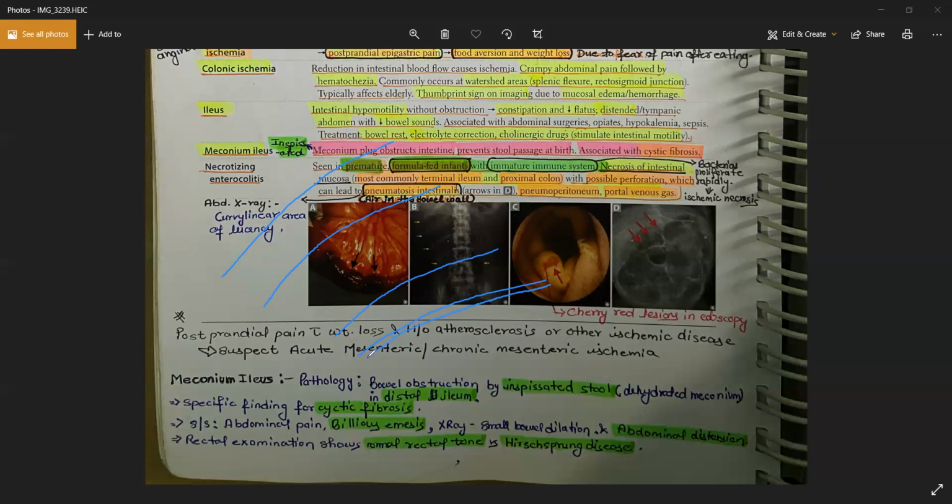This whole area will be filled with air. So two layers of one wall will be seen in the X-ray. That's how you know the patient has pneumatosis intestinalis. This is known as the curvilinear areas of lucency that will be described. Is that okay?